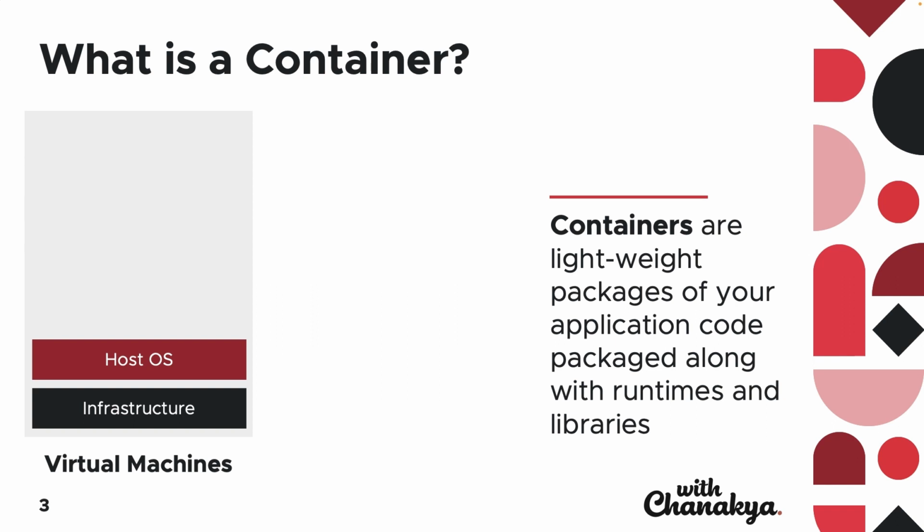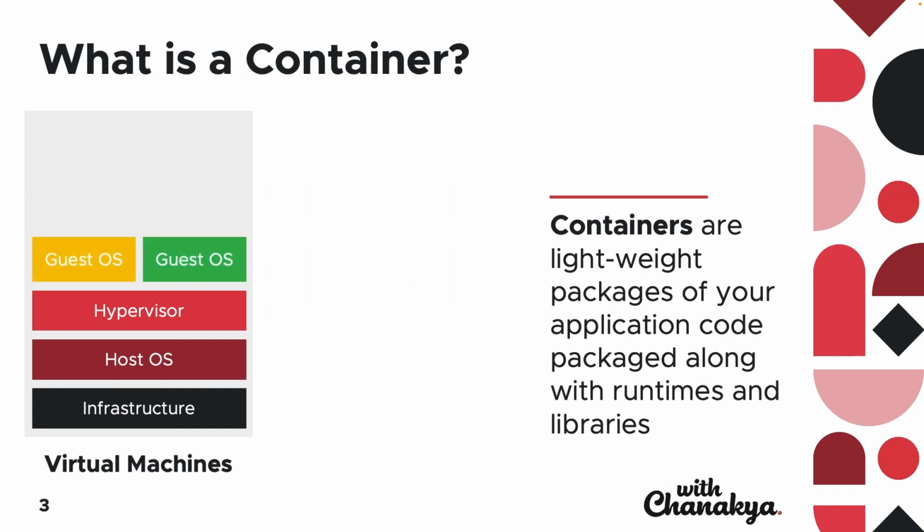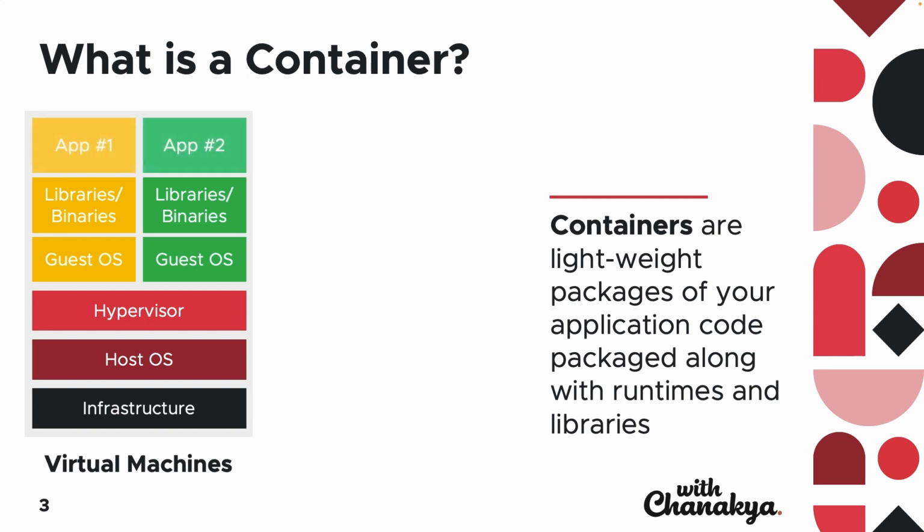On top of this host OS, you would have something called a hypervisor, which is what helps in creating and managing these virtual machines. Each virtual machine on top of that host OS and hypervisor would have its own operating system, called the guest OS. On top of that, you would have the dependencies of the application, so any libraries and binaries that have to be run along with that application, and then you would have your application as well.